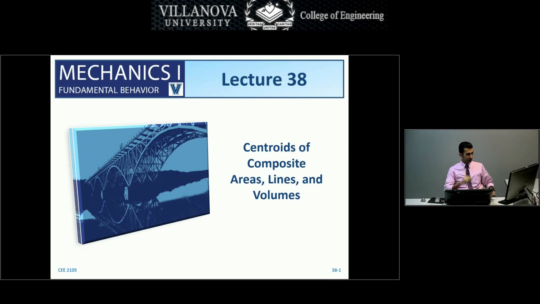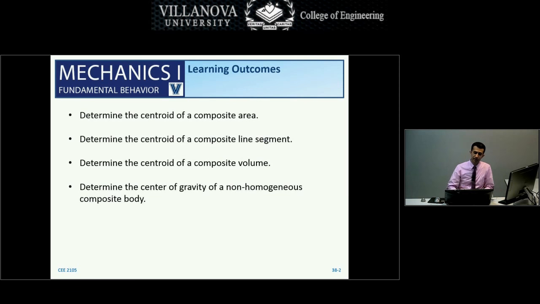So let's get started. The outcome is going to be having the method for finding the centroid of composite area, composite line, and composite volume. But we'll also look at center of gravity for non-homogeneous composite bodies.